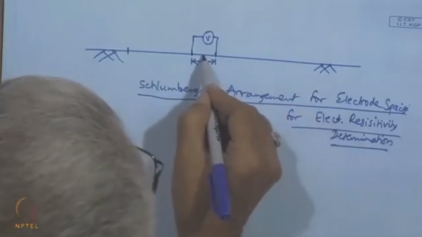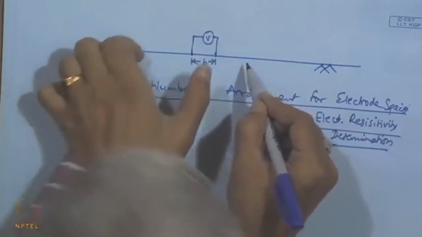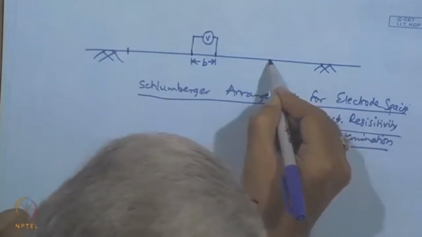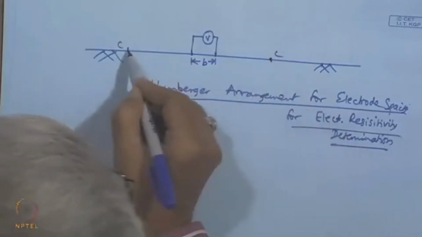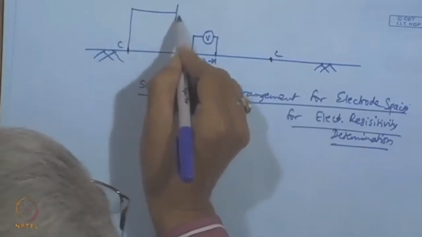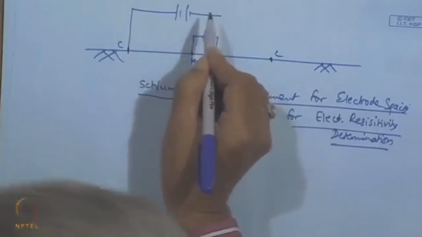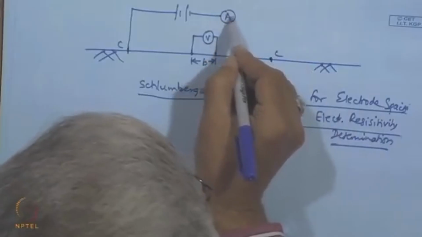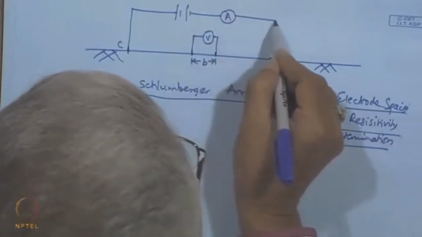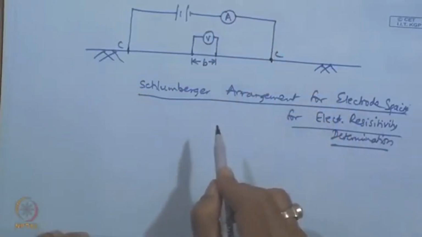Of course, it is again a symmetrical arrangement. These are the current electrodes, and there will be a battery source followed by an ammeter to measure the current.